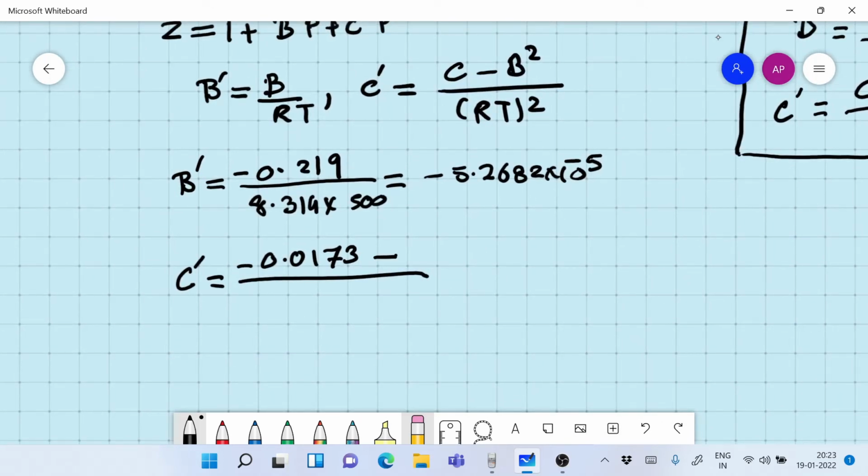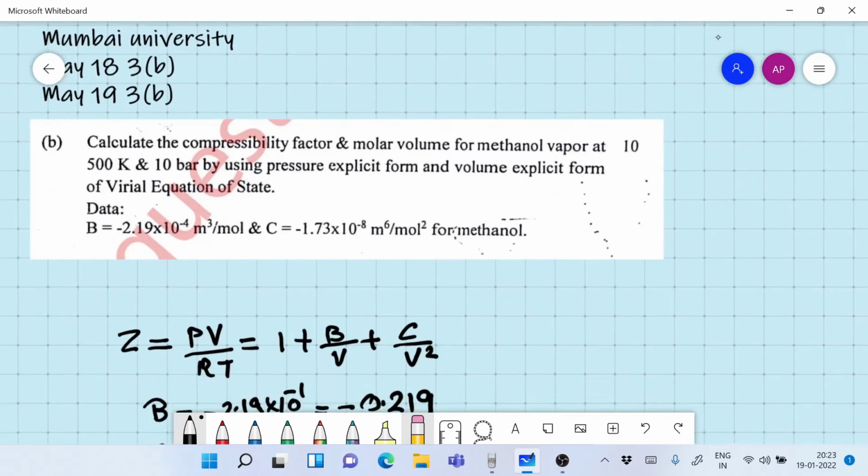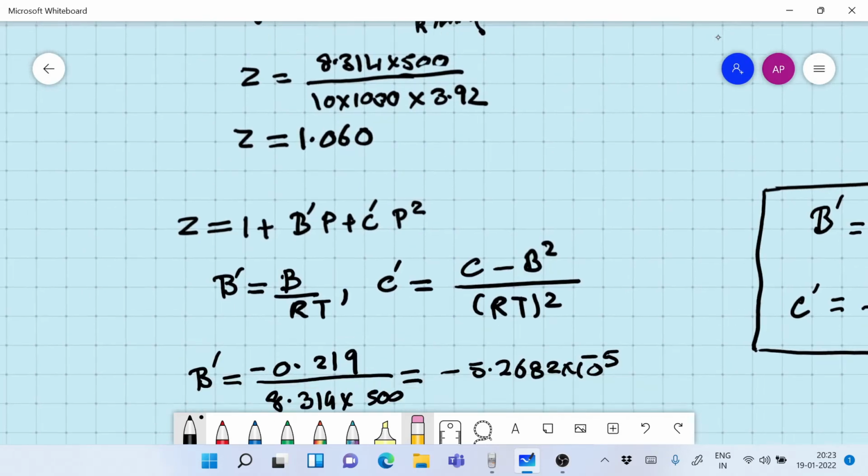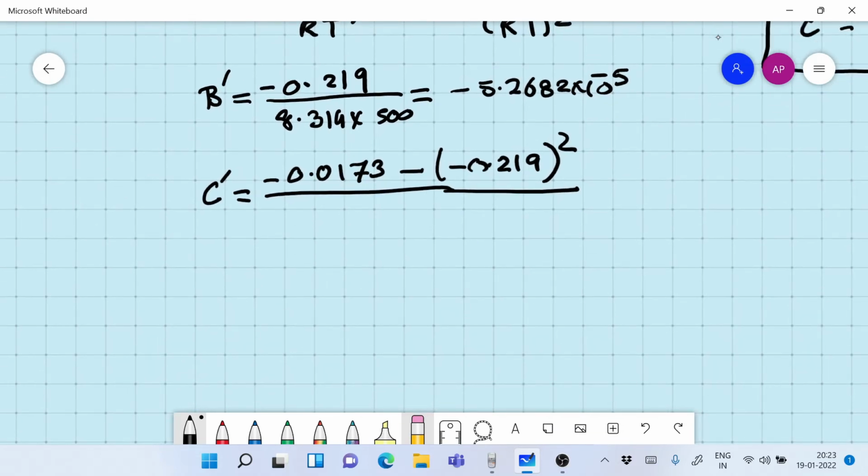Minus 0.219 the whole square, over 8.314 into 500 the whole square.